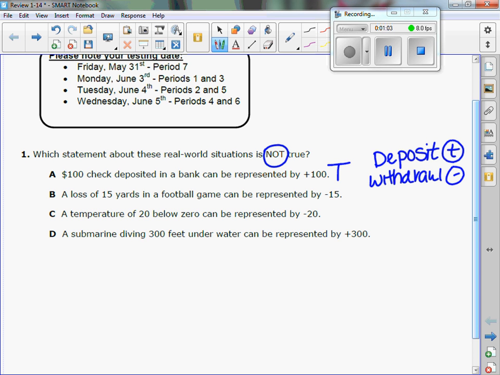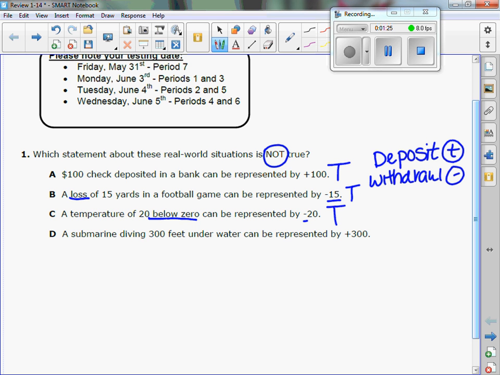A loss of 15 yards in a football game can be represented by negative 15. That would be true. A loss is a negative value. A temperature of 20 degrees below zero is negative 20. That's true. Above zero would be positive.